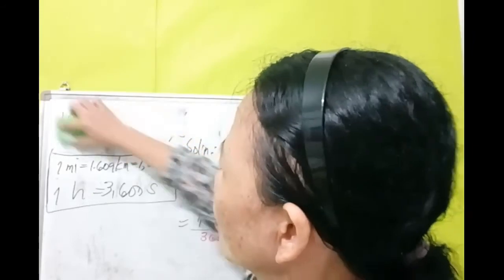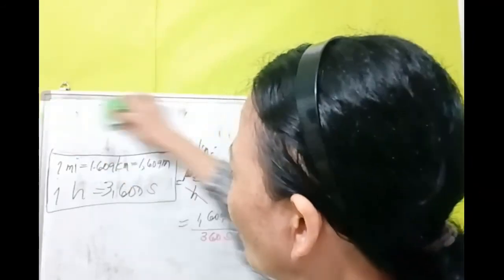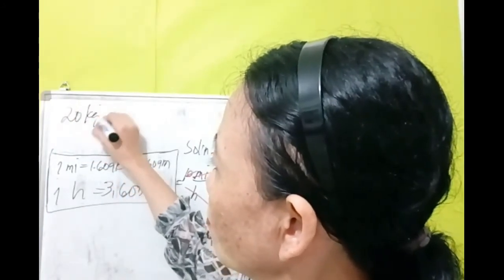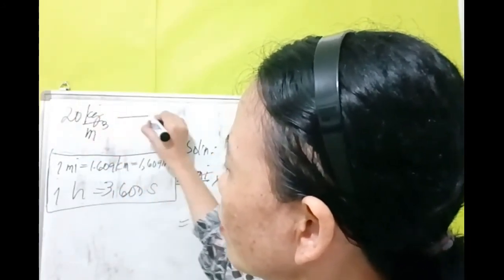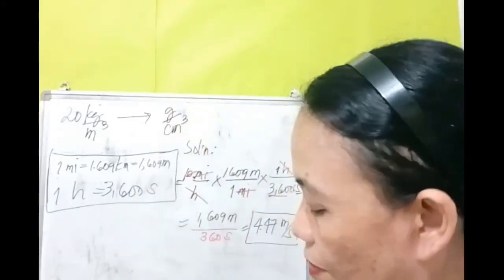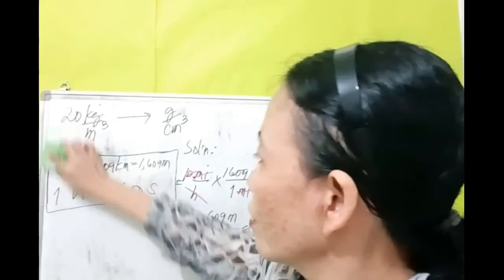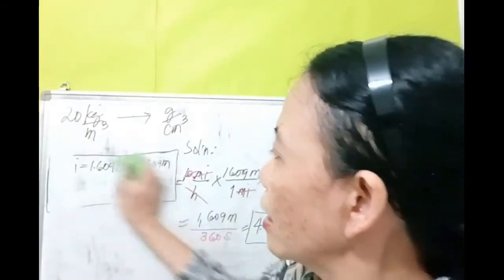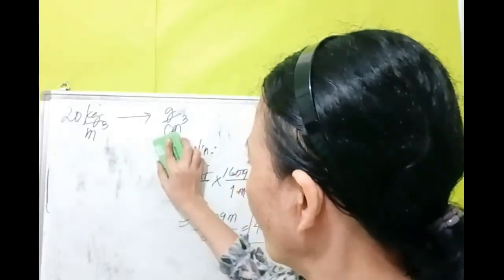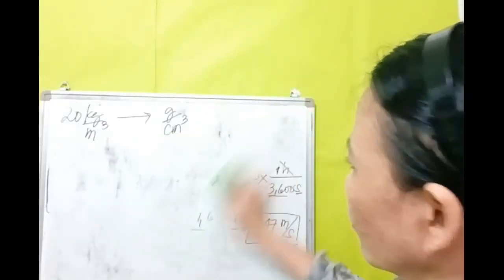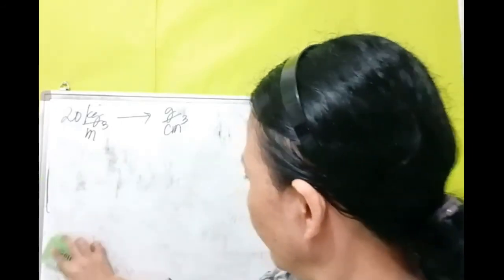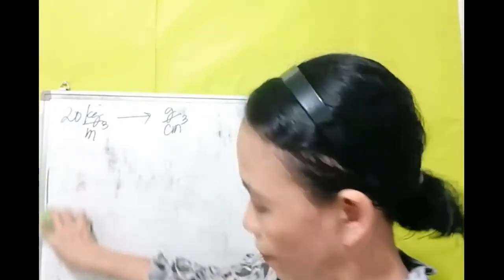Next, for density, supposing we have 20 kilograms per cubic meter to grams per cubic centimeter. So the same, we're going to convert 2 units, kilogram to gram, then cubic meter to cubic centimeter.